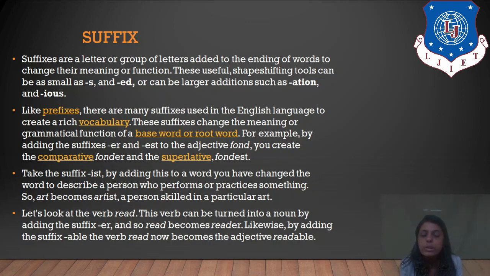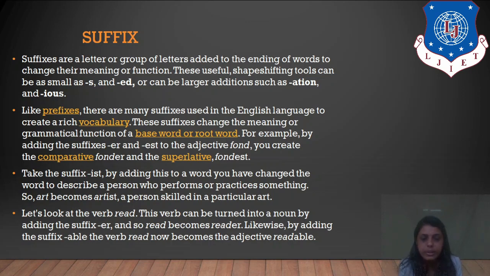The person who knows art is known as artist, one who is skilled to do art. That's how psychologist, the person who is studying psychology or has studied psychology. So when you talk about a person performing a particular skill, you add ist. Gynecologist, artist.